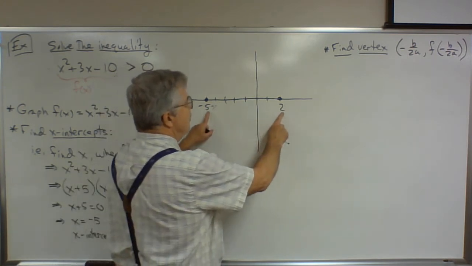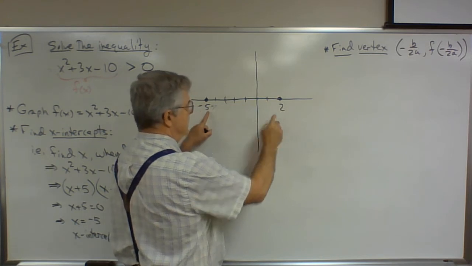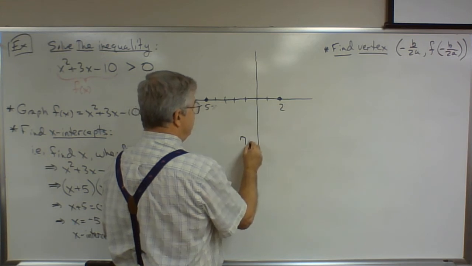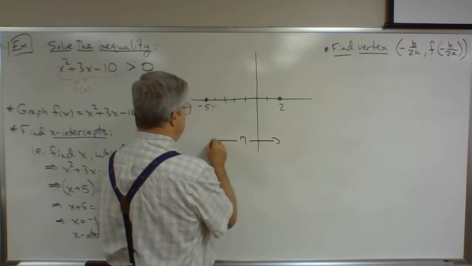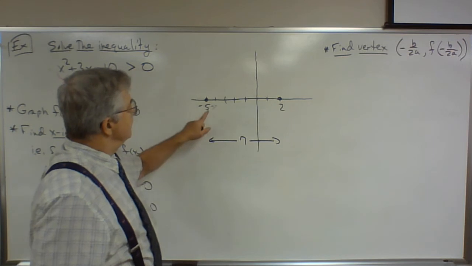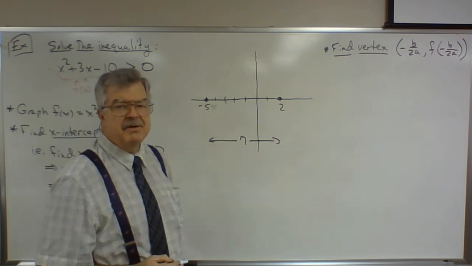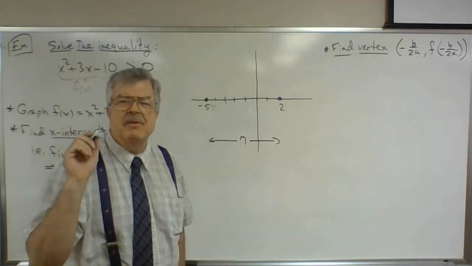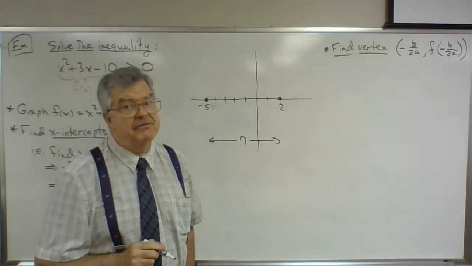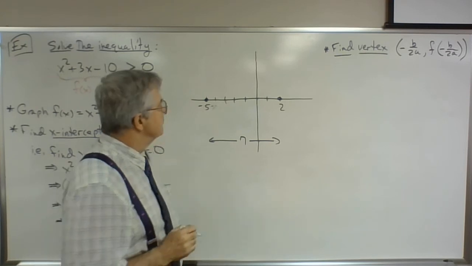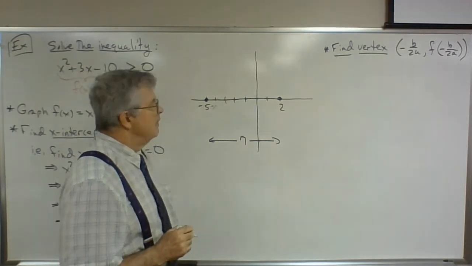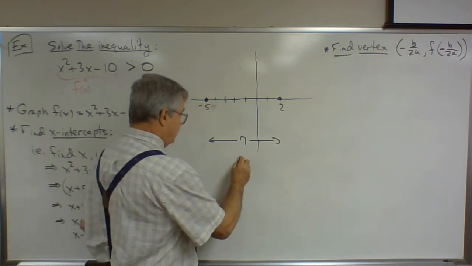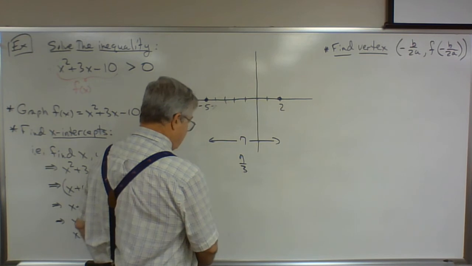Look at these 2 points. How far apart are they? 2 minus a negative 5, isn't that 7 units? These 2 points are 7 units apart. And right smack in the middle is going to be the axis of symmetry. Well, let's see, what's half of 7? 7/3?